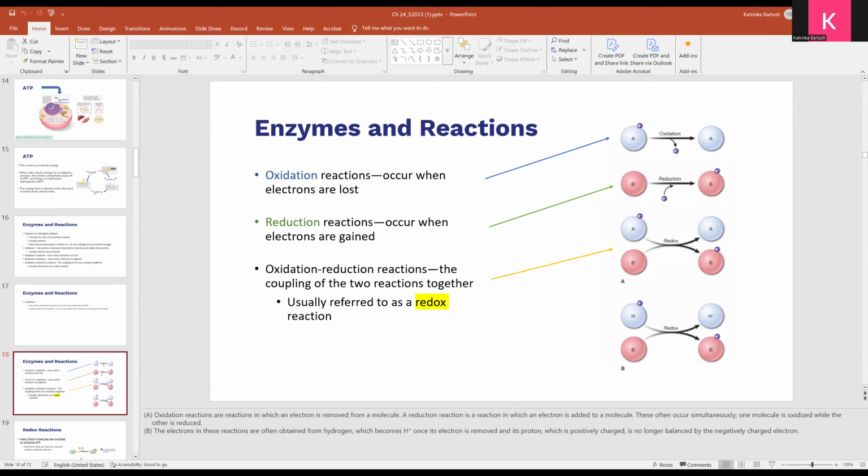One molecule will be oxidized while the other is reduced because the electron has to go somewhere. In the B part of the graphic at the bottom, the electron in those reactions is obtained from hydrogen. That means that hydrogen becomes an ion once its electron is removed, and essentially the hydrogen is just a proton. So it's positively charged and then no longer balanced out by the negative electron.